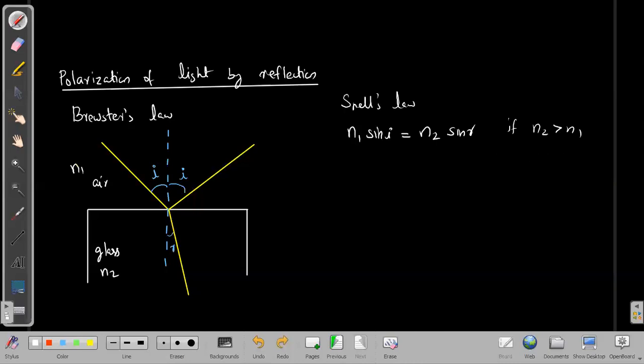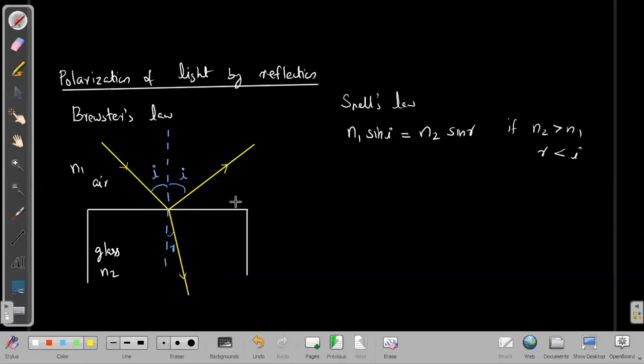R should be less than i. Now, till now I have not discussed any polarization here. We have just discussed the phenomena of reflection and refraction.